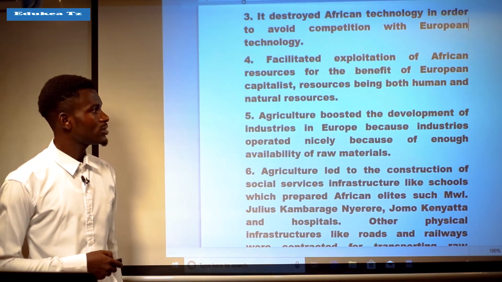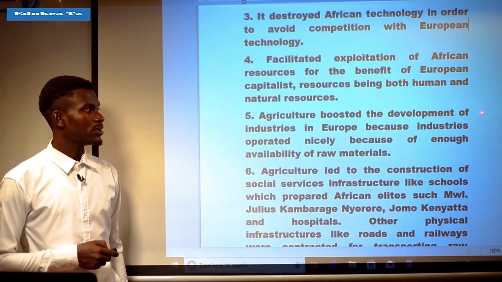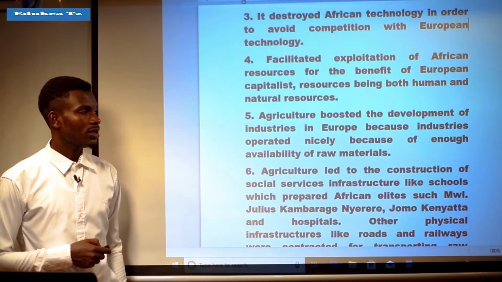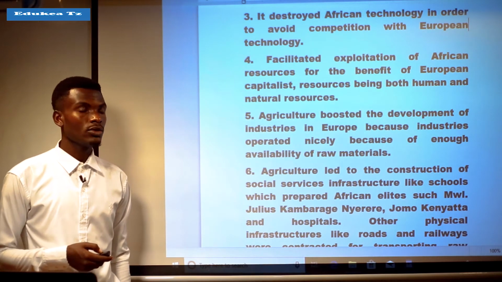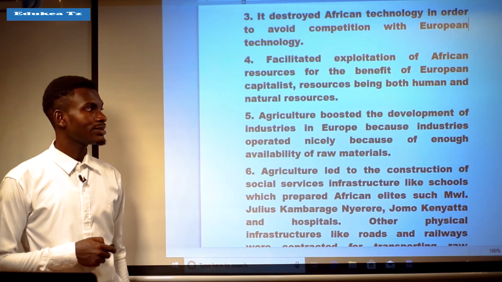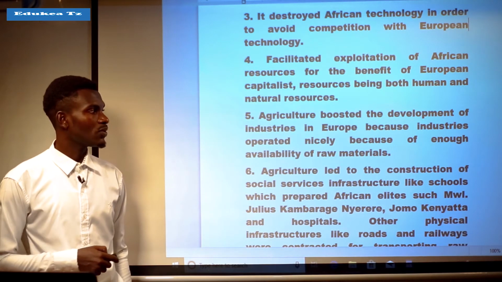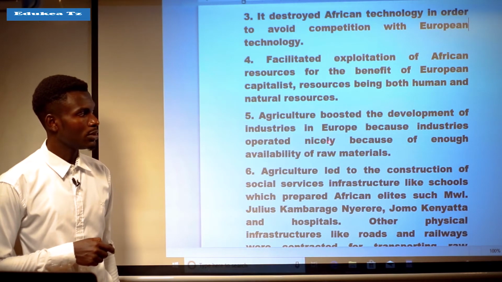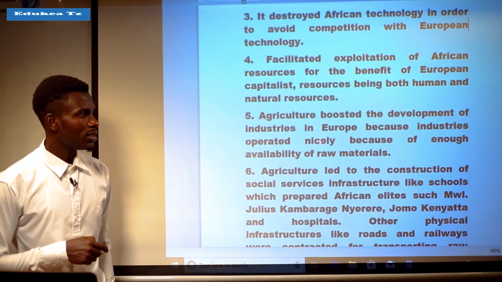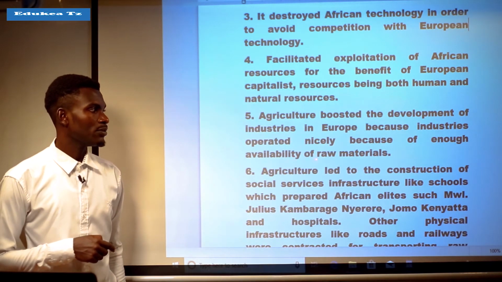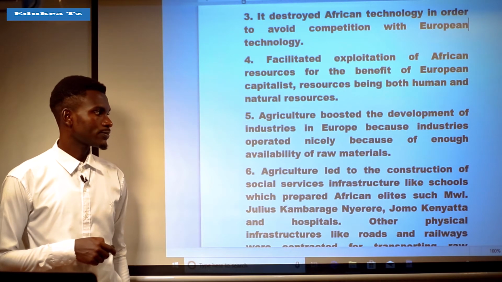Another significance of agriculture during the colonial economy was that agriculture boosted the development of industries in Europe, because industries operated nicely due to enough availability of raw materials.